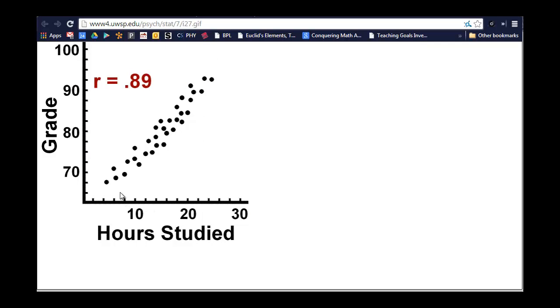Or we might expect that the number of hours studied would increase your grade. But that's not necessarily the case. Someone who studies a lot might just be a stronger student in general, so that might be increasing their grade more so than the number of hours studied itself.